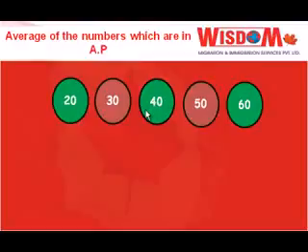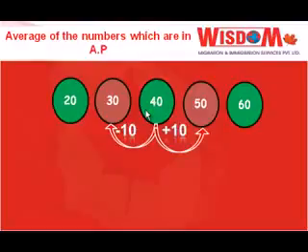Now let's see how 40 came out to be the average. If you see the number 40, the numbers adjoining it are giving it a deviation of -10 and +10. And if you go further down to the next numbers, they're giving a deviation of +20 and -20.